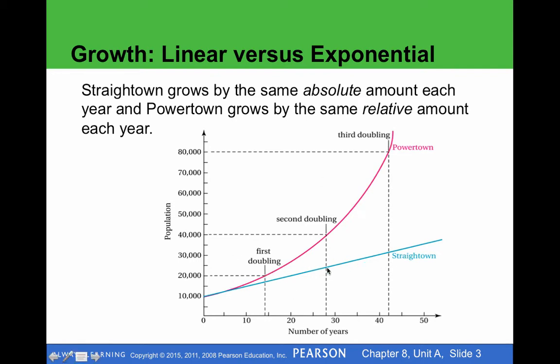But Power Town grows by the same relative amount, so this is very much like compounding interest. When we get to our first doubling, now we're doing a growth percent of a larger amount. So it continues to grow at a faster rate, and then the population really becomes exponential.